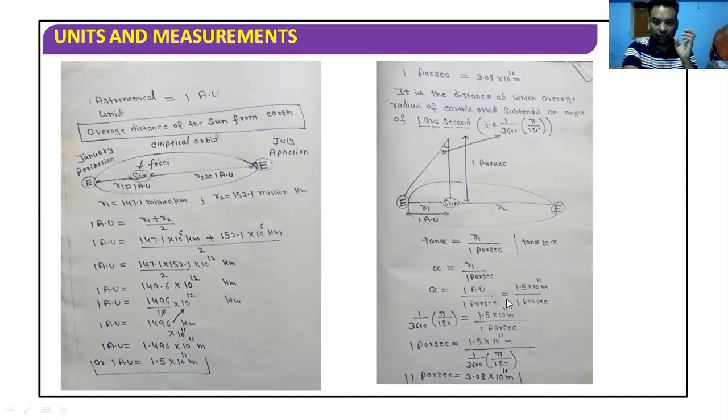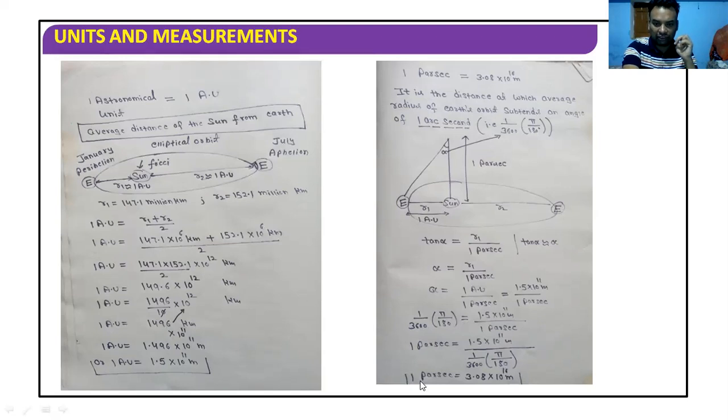So alpha is equal to 1 astronomical unit divided by 1 parsec. Already we know that 1 astronomical unit is equal to 1.5 into 10 raised to the power 11 meter. Now place the value of alpha, which is 1 upon 3600 multiplied by pi upon 180, equal to 1.5 into 10 to the power 11 meter divided by 1 parsec. We are interested in 1 parsec, so very easily we can find it: 1 parsec is equal to 1.5 into 10 to the power 11 meter divided by 1 upon 3600 multiplied by pi upon 180.